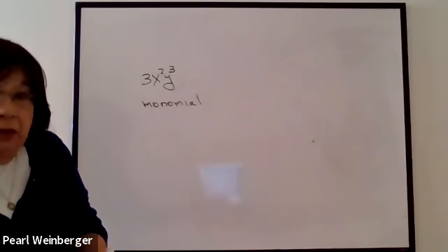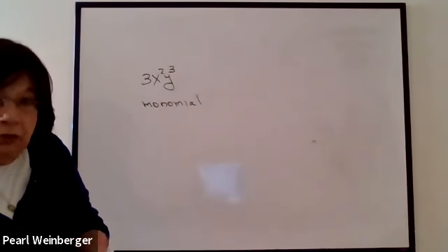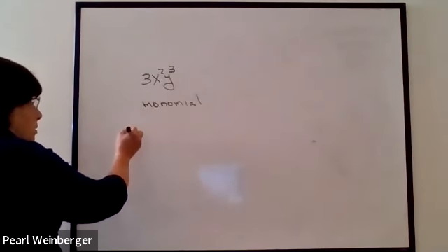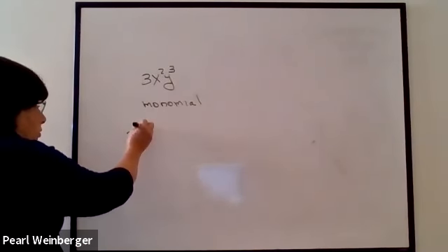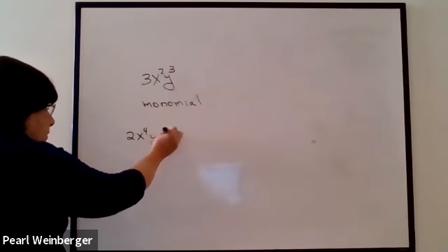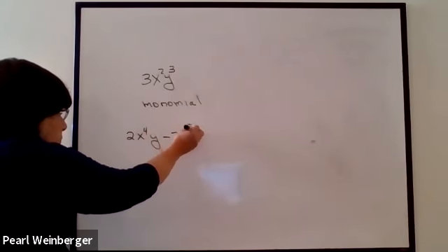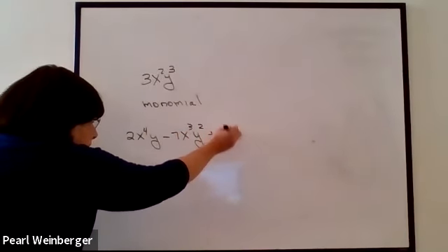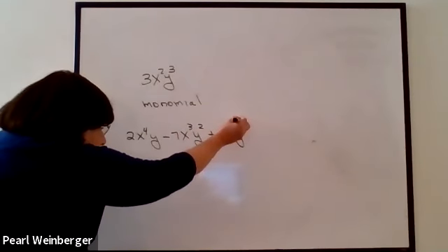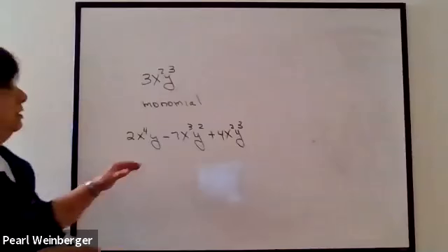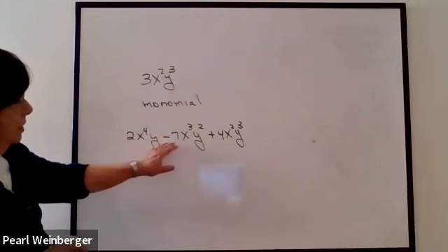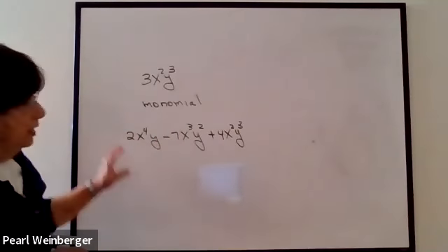When you have pluses and minuses between your expressions, then you get polynomials. For example, if I have something like 2x to the fourth y minus 7x cubed y squared plus 4x squared y cubed. This is an example of a polynomial because not everything is connected by multiplication.